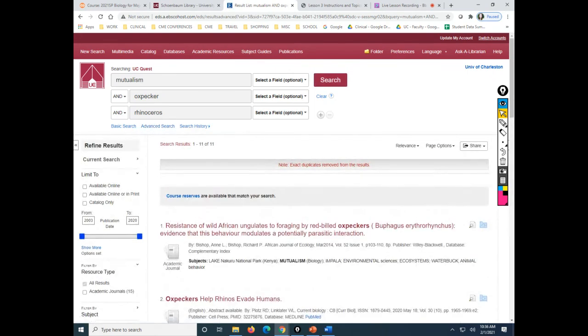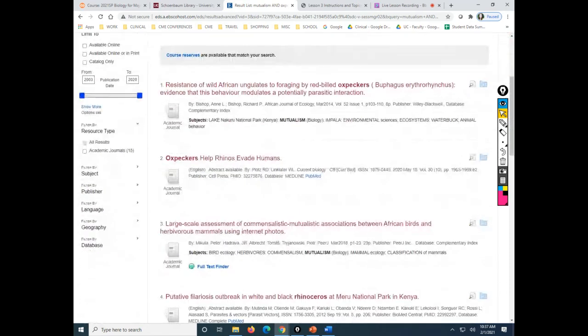So you see a couple of things have happened. Along the leftish side, you see all of these things are now listed as academic journals, which is really helpful to us. So we've gotten rid of newspaper clippings, children's books.